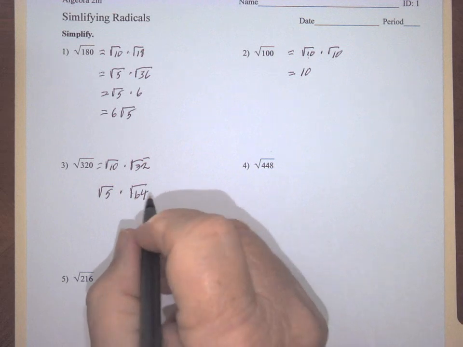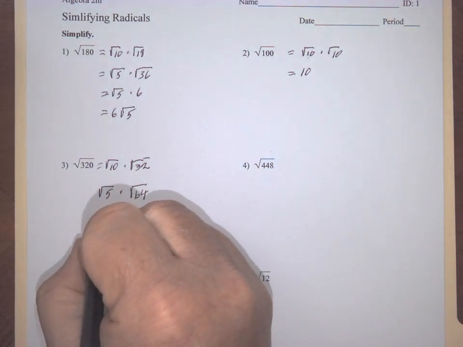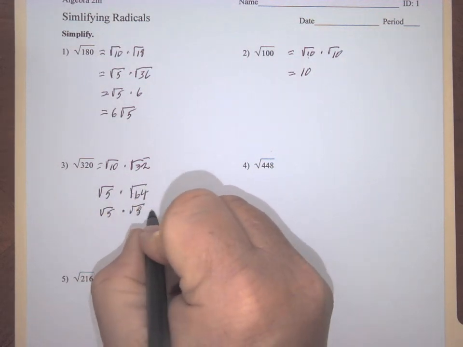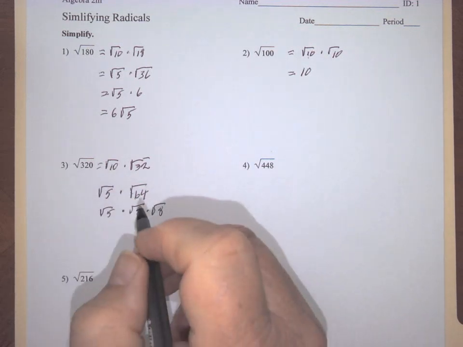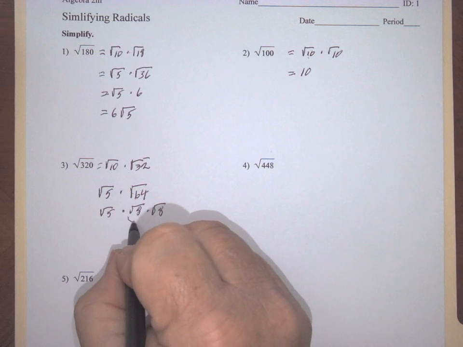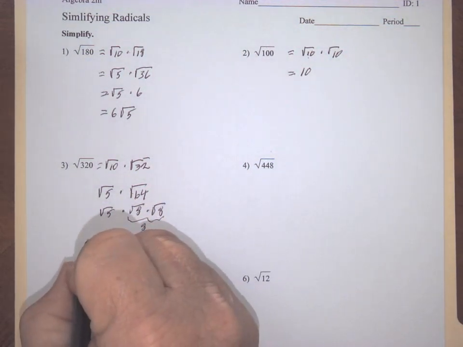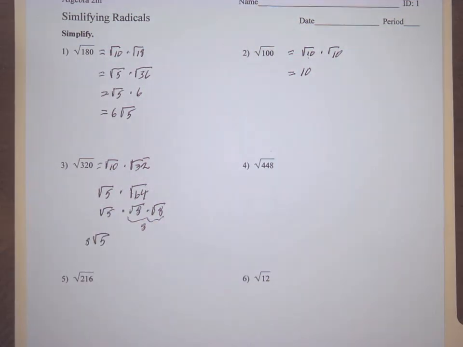And we know that 64 is a natural square, because the square root of 5 times the square root of 8 times the square root of 8 is equal to 320. And if we factor those, that's equal to an 8. And we'll put it in the proper form, and we'll have 8 times the square root of 5. No big deal there. I'm leaving these ones at the bottom for you.